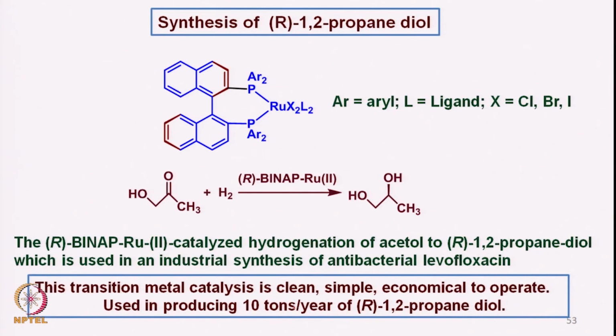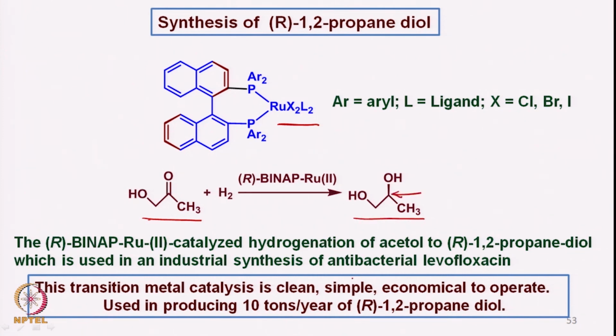Now, this particular hydroxy ketone, which is again a prochiral ketone, and this particular ruthenium complex have been utilized in the synthesis of this 1,2-propane diol having R configuration here.